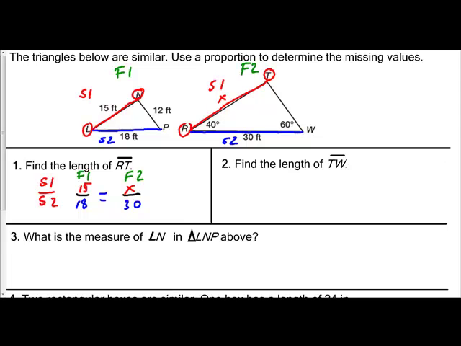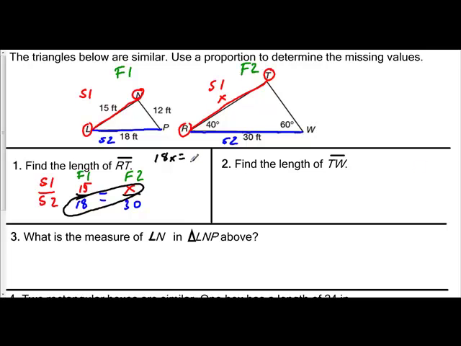And I can solve this like I've done with all my other ones. Not all my other ones, because obviously we've done several different ways of solving these. But the easiest way, most direct, is going to be cross multiplication to set up an equation. So I always start with my variable. 18 times X equals 15 times 30.